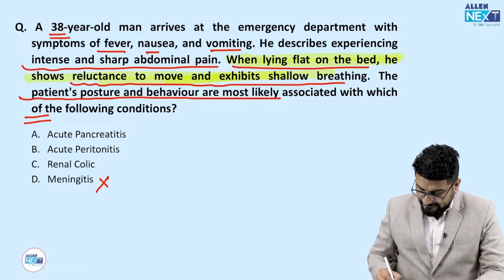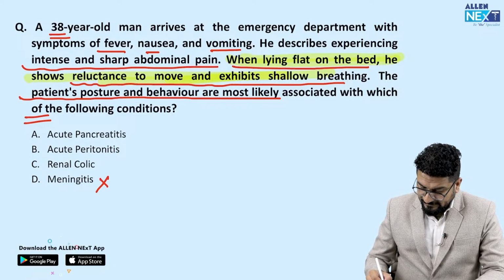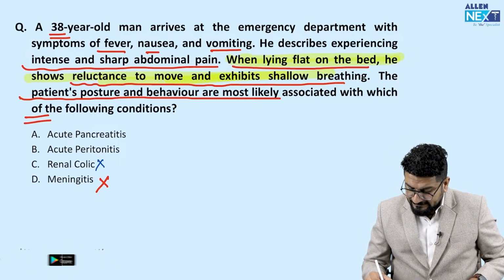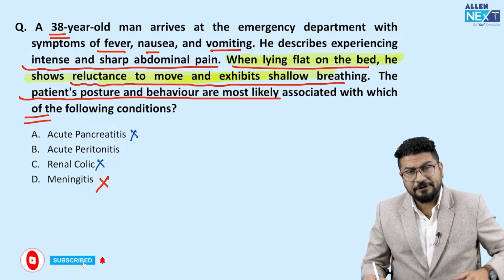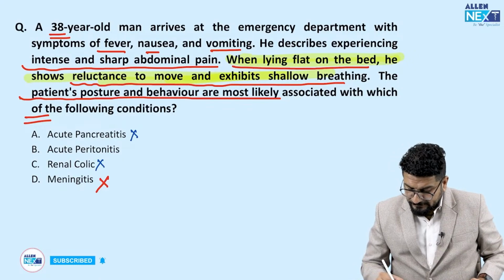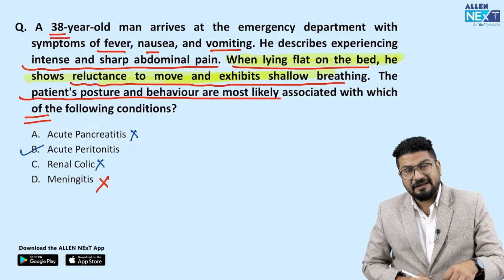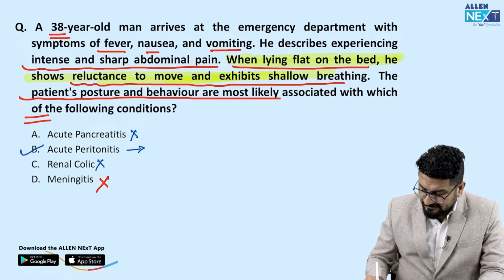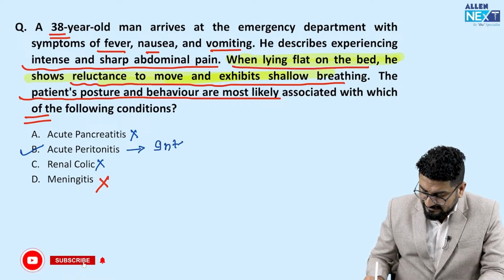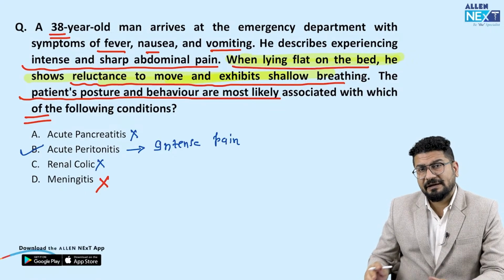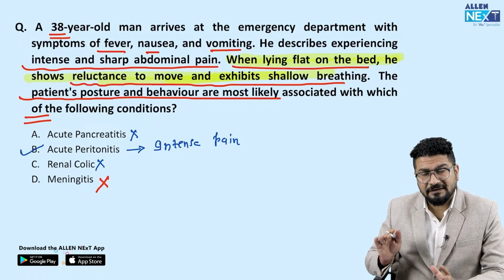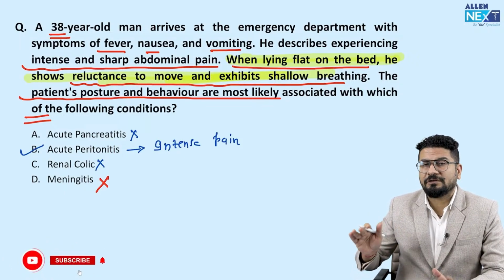So that is where we see this type of pain. If I say colic pain, I told you this will move to the penis tip. Then pancreatitis pain will radiate to the back. This is the case of peritonitis. So pain is very intense. What other feature will you see? The patient will have intense pain, so the patient will barely move from the bed. And when you touch the patient, even on touching the abdomen, he will shout with pain.